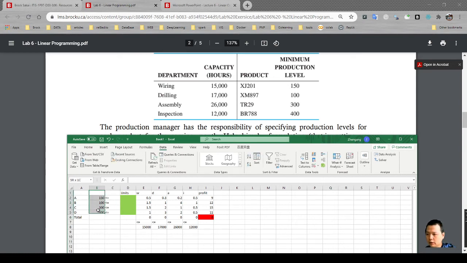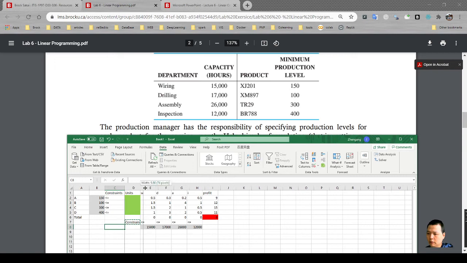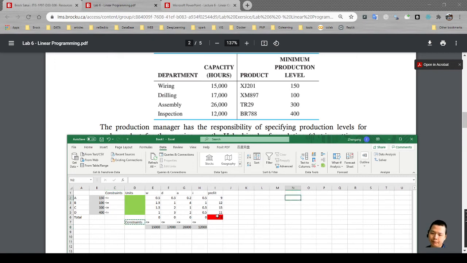So those are our constraints. Okay, so it's done. Then we just need to solve this problem.